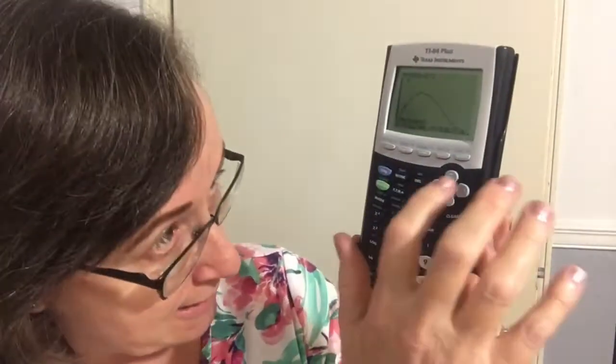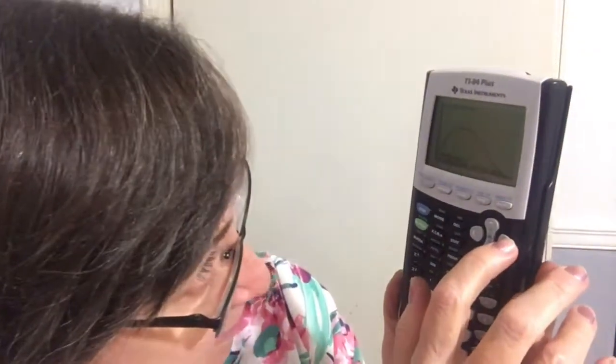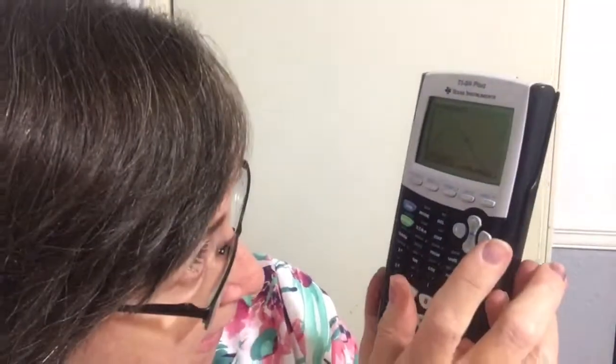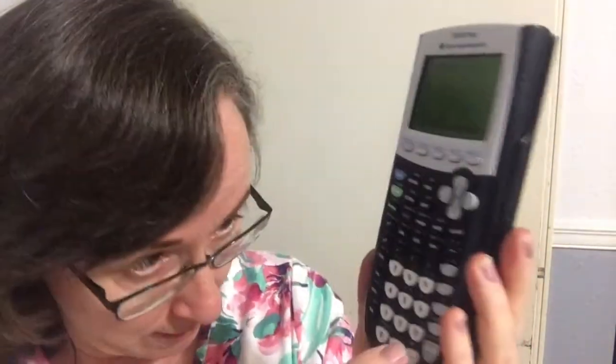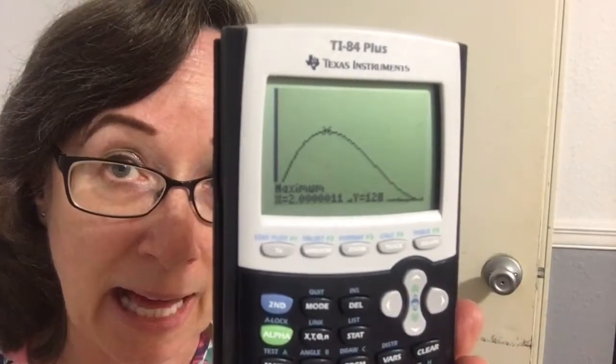And then it says right bound, so I have to move my cursor over to the right, and there it's at the top, and now I'm to the right, so I hit enter, and then it says, would you like me to guess? And I say, yes, please guess. And it guesses the highest point.